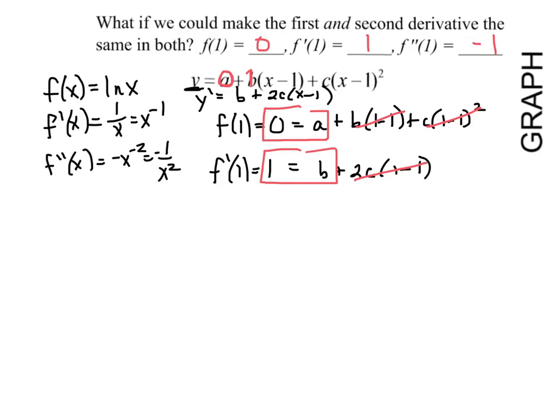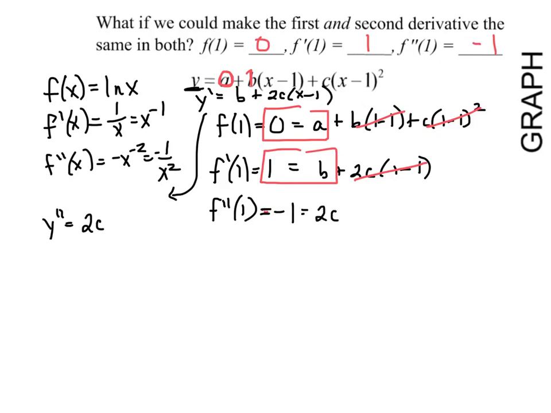Now I'm going to go one further, the second derivative. Now the second derivative, if I bring it down here, remember that b is a constant, so it would be gone, so the derivative would just be 2c. So I should have negative 1, right? The second derivative, according to what I found, needs to be negative 1, and that needs to be equal to 2c.